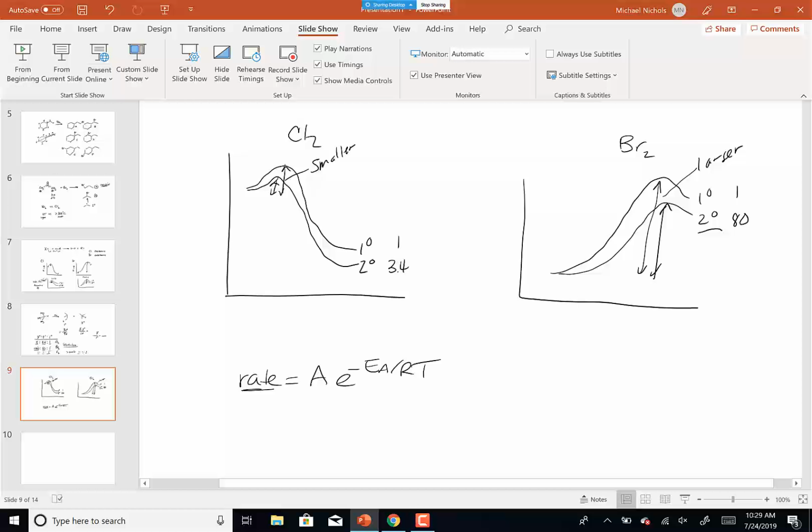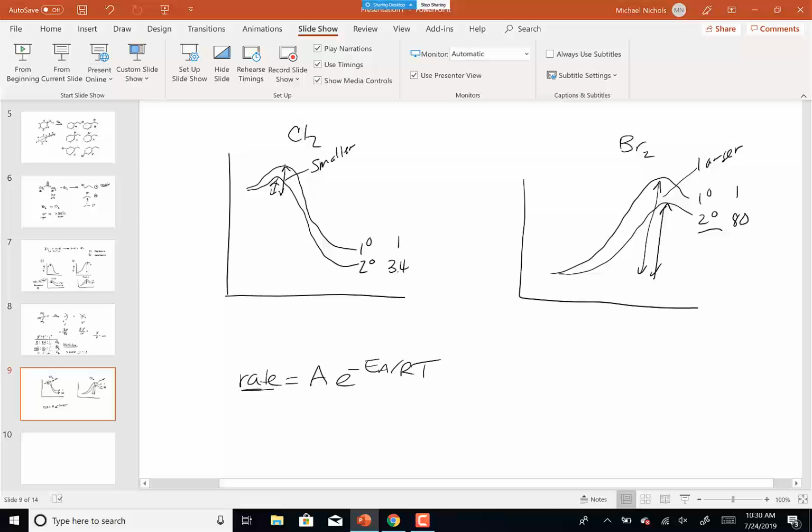Yeah. Make the hikers less energetic, starve the hikers. The less energy they have, the bigger the differential is going to be in going over those two peaks. So if you want to make chlorination more selective, lower the temperature. If you want to make bromination more selective, lower the temperature.